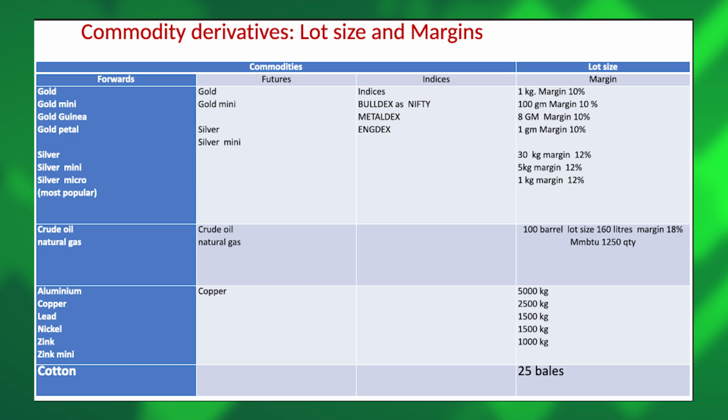So lot size and margins differ across categories of commodities, and within the categories, each particular commodity has a different lot size.